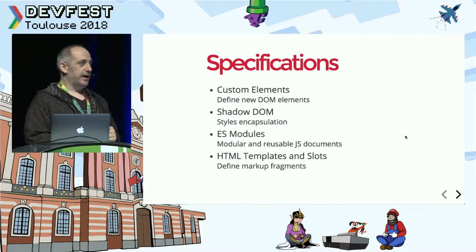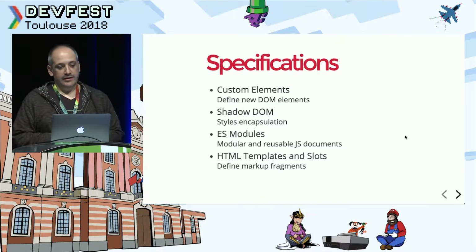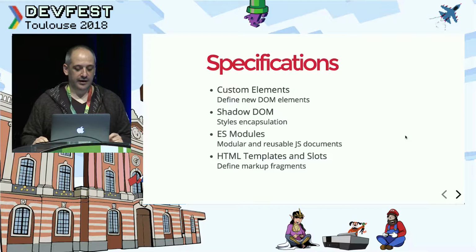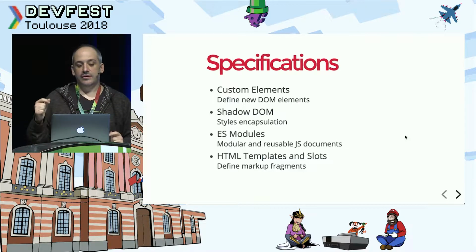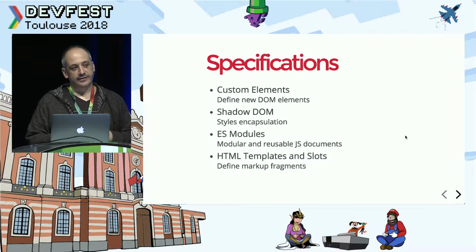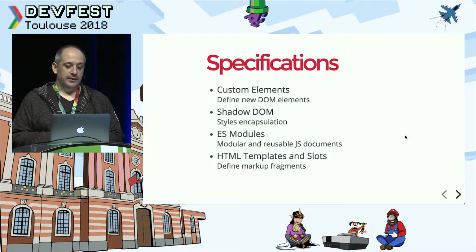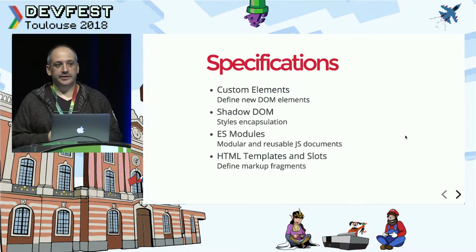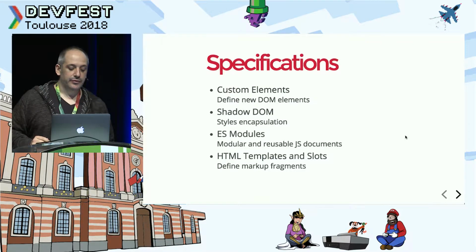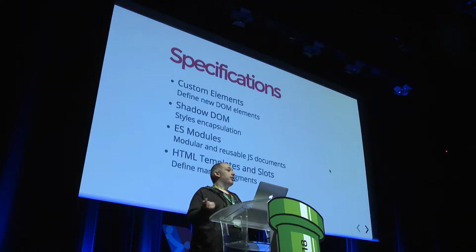Custom elements, which allow you to create new DOM elements, that means create your own tags. Also the shadow DOM, which allows you to encapsulate the styles. ES modules, which is what we use today in almost all the popular and modern web frameworks to reuse JavaScript modules across projects or in the same project.